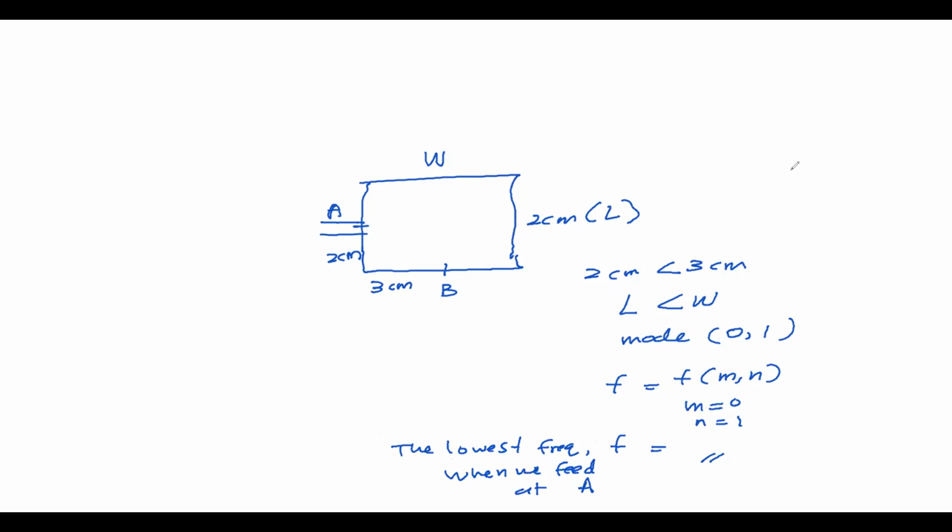And when we consider the next scenario where the wave is fed at position B, the L value is going to be the length of the side which is facing the feed line, which is 3 centimeters, and W is going to be the other dimension.